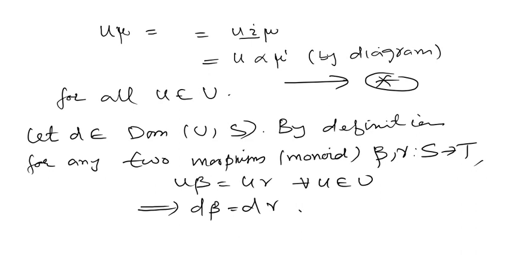So this is true whenever we have morphisms beta, gamma from the semigroup S to any semigroup T such that U beta is equal to U gamma. This should imply d beta is equal to d gamma.